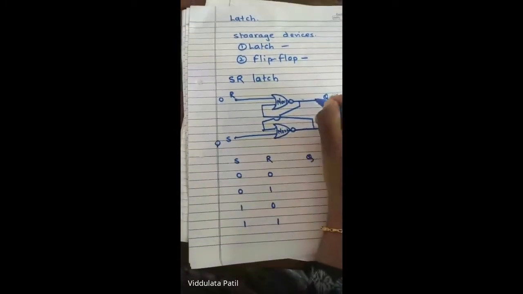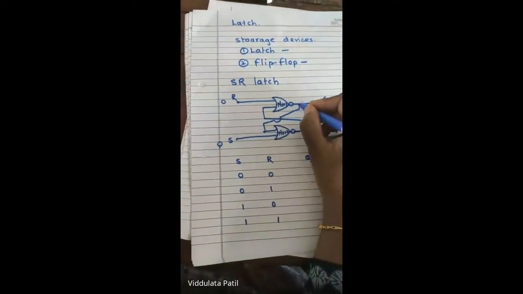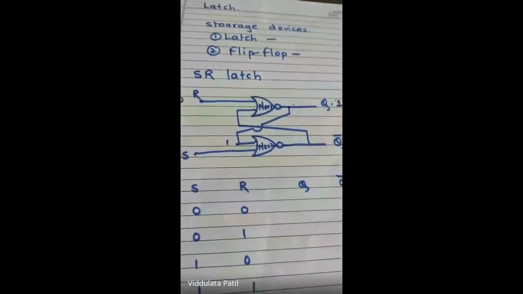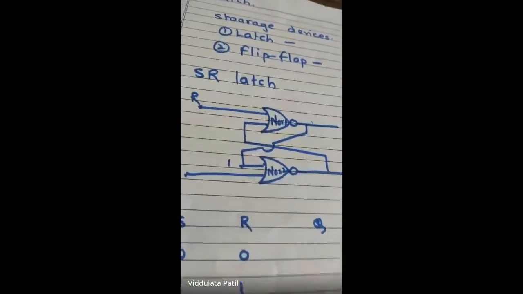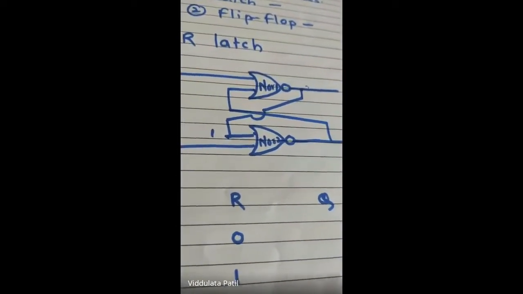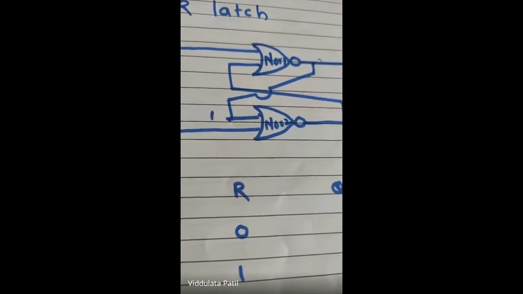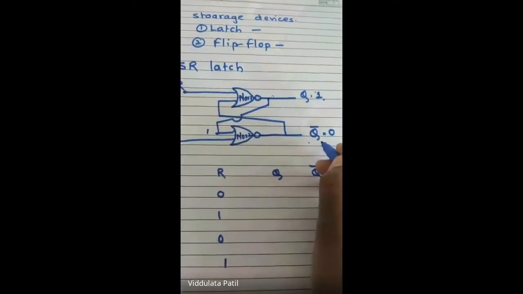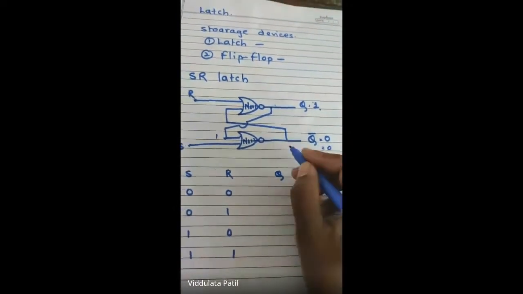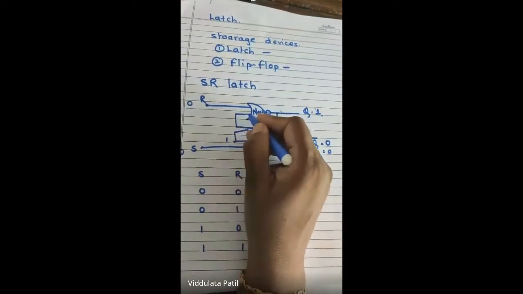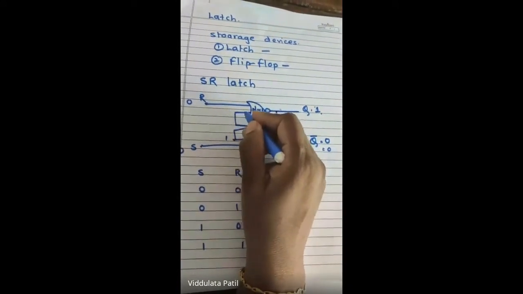So in that case, now here as this 1 will be present at the input of NOR 2. Okay, now as we know that if any one input of a NOR gate is 1, the output will be equal to 0. That means Q bar will be 0 in this state also. Now this 0 is connected as an input to NOR 1.